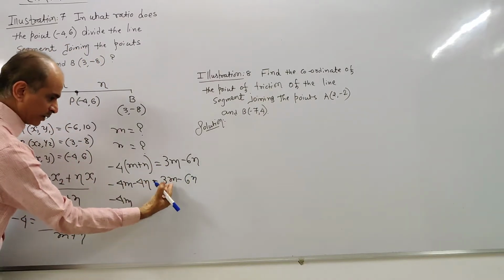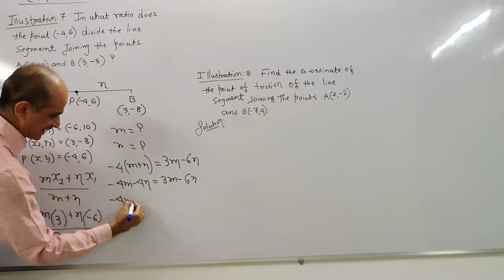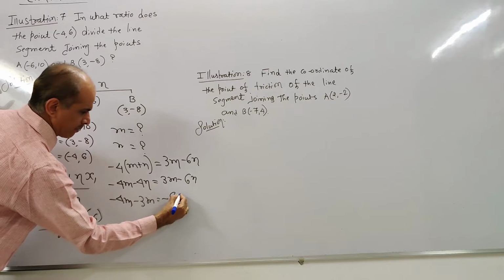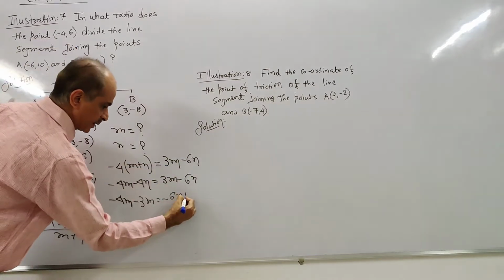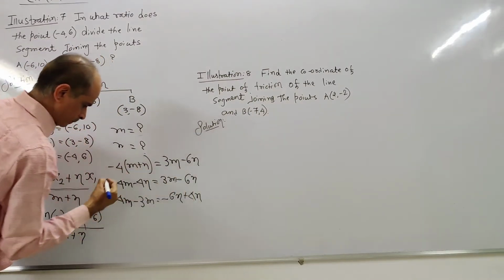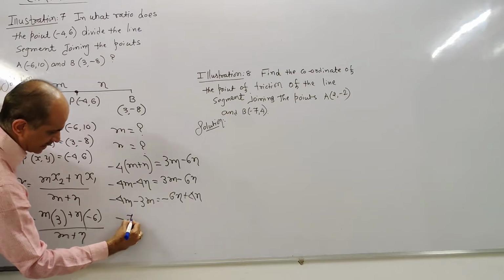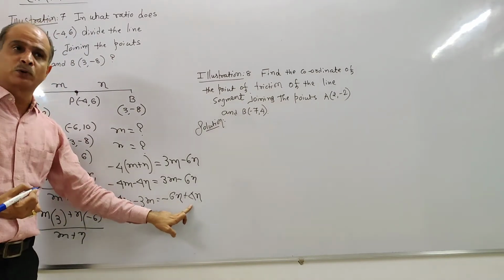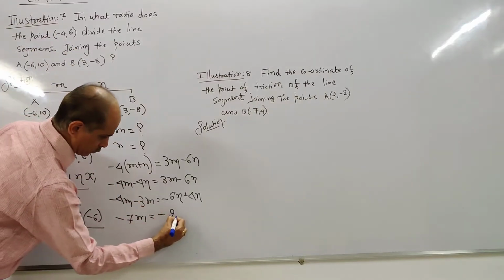If you shift 3m from the right-hand side to the left-hand side, it becomes -3m, so -7m is equal to -6n plus 4n.